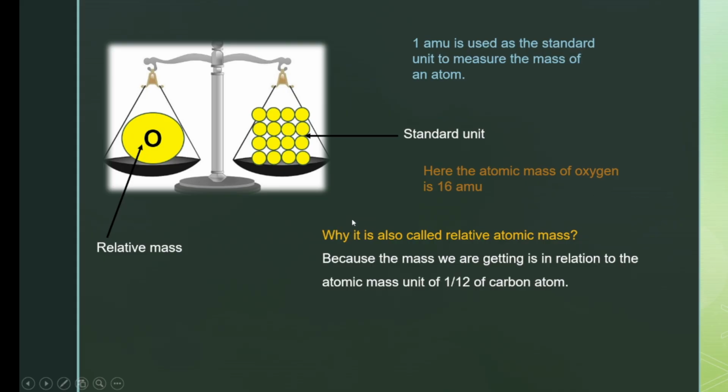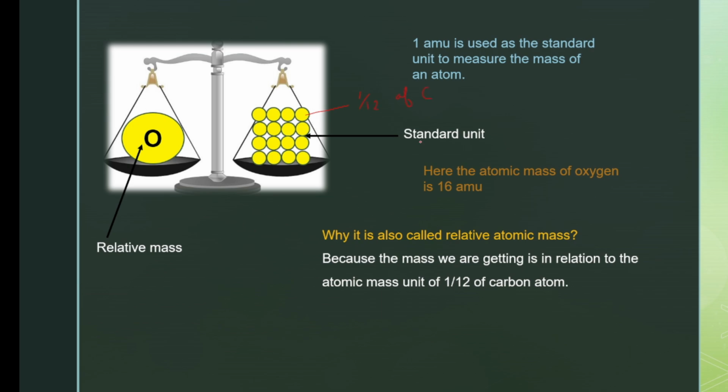Then why is it also called relative atomic mass? Because the mass we are getting is in relation to the atomic mass unit of 1 by 12 of carbon atom. We considered each of these small balls as 1 by 12 of a carbon atom.